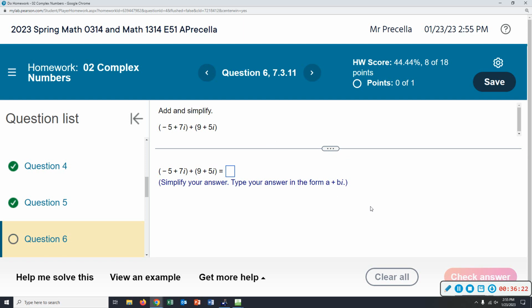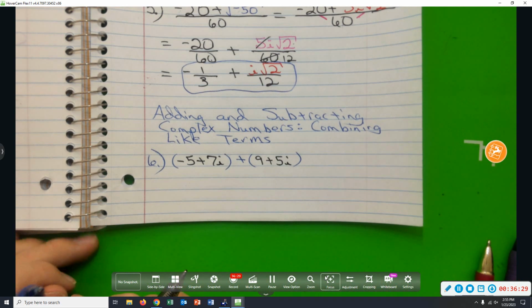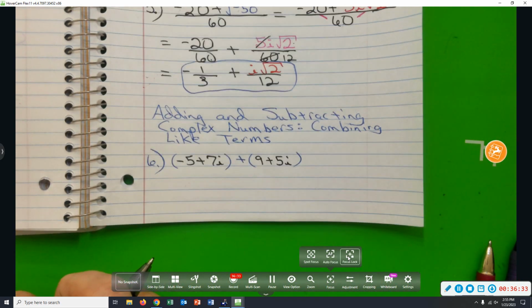I should switch back. There, that's good. Let me make sure it's focused correctly because you lowered it, right? Does that look focused? Looks focused to me. Okay.